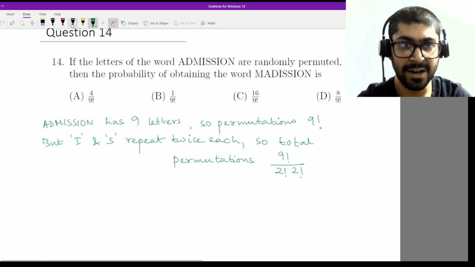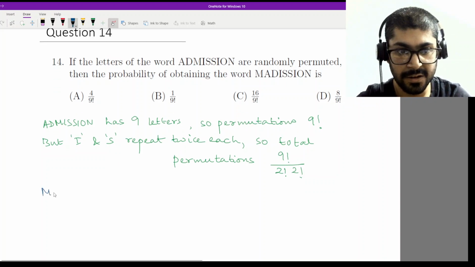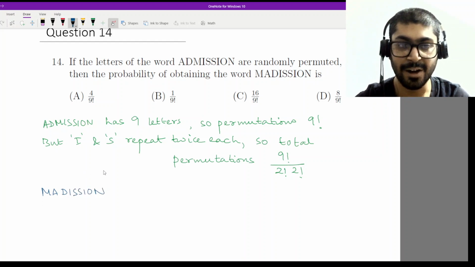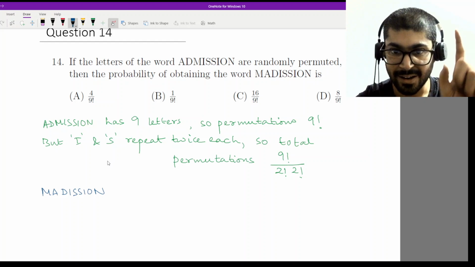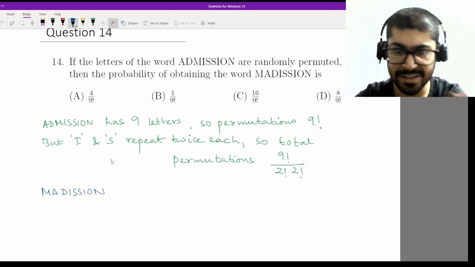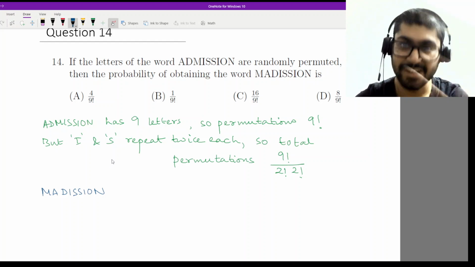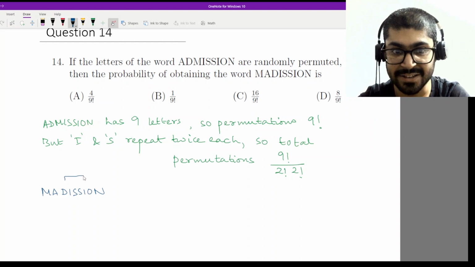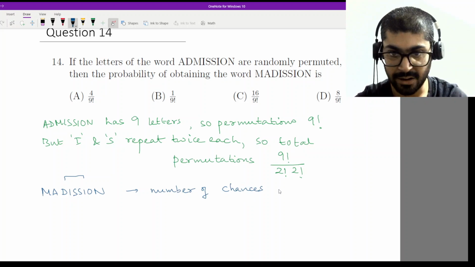Now for the word medicine, right? Now the probability of obtaining this word will be exactly one time, right? Because these letters will occur in this sequence only once, but again here this core I, S, S and I, they repeat. So the chance of this string occurring is actually 1, right?